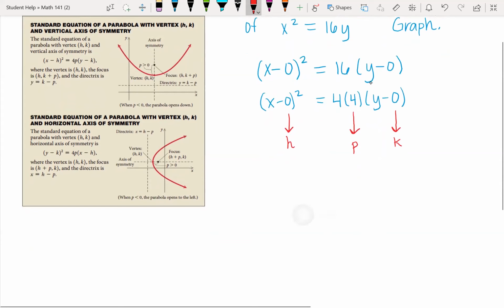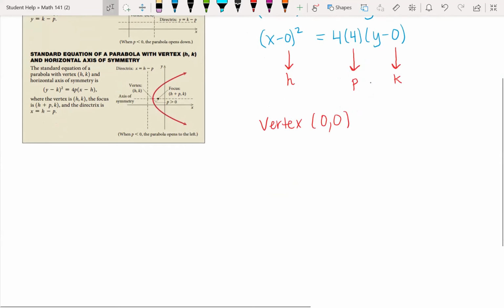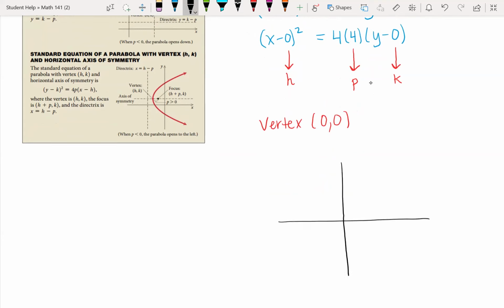So I know by looking at this equation the way that I have it that the vertex is the point 0, 0. The focus point is going to be 4 units or 4 steps up from 0, 0. I'll make my graph green.